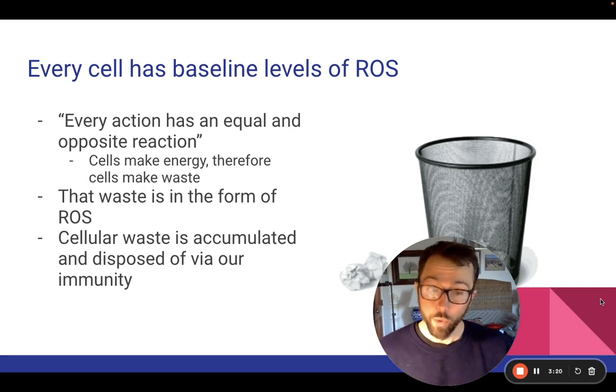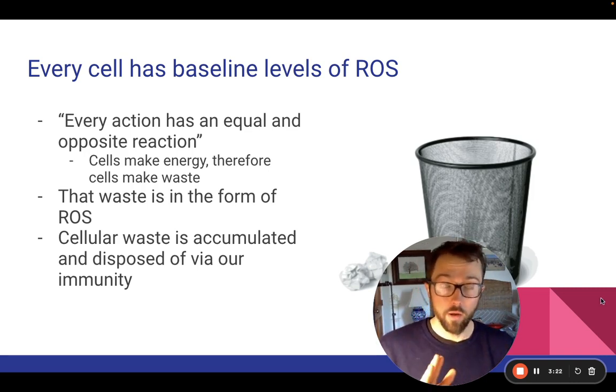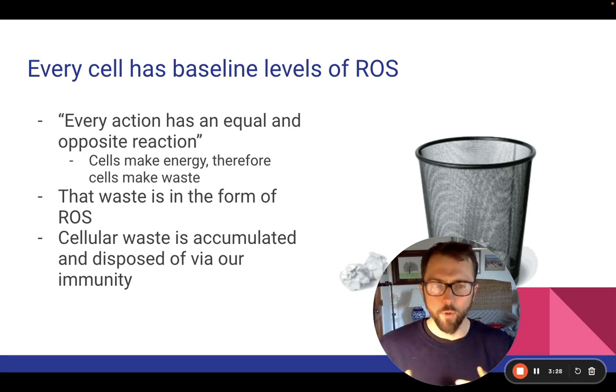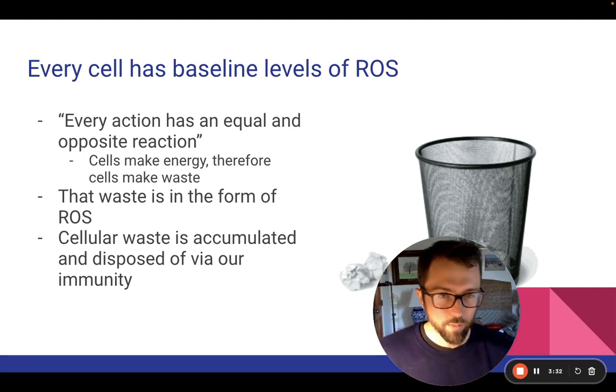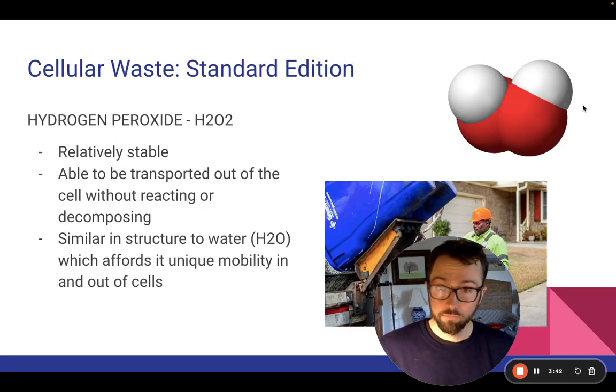So, knowing this, and knowing that ROS are present in the cell to begin with at some fundamental low-level baseline way, is important to know. Okay, so ROS isn't bad. Our body has mechanisms in place to take care of them, right?